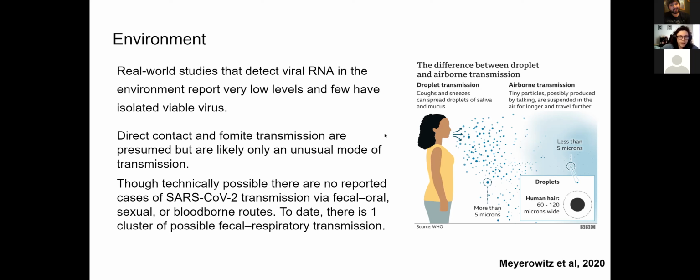But it turns out, according to this study by Merowitz, that the virus being out in the world is not how we get sick. They can detect viral RNA in the environment, and some studies have isolated viable virus. But that's just not how people get sick.